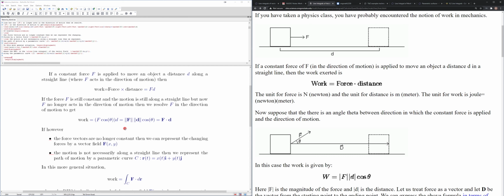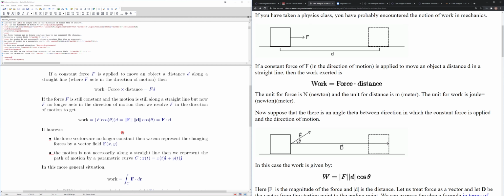Once you have this, you want to notice that this is the same thing as the dot product of F and D. You probably would have seen this in a dynamics or mechanics course, if you're in mechanical engineering.